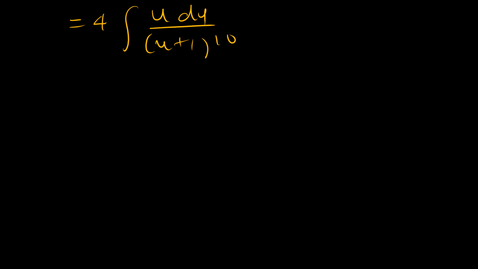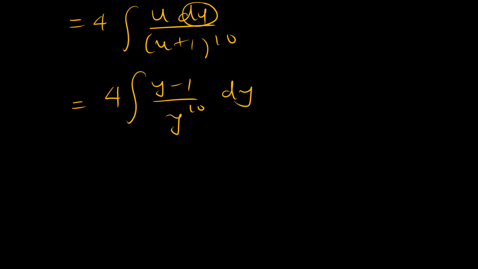Okay, so since our integral is 4u du over (u plus 1) to the power 10, and we substituted things with y, this is (y minus 1) over y to the power 10, with dy in place of du. As you can see, the integral becomes a little bit more tractable.